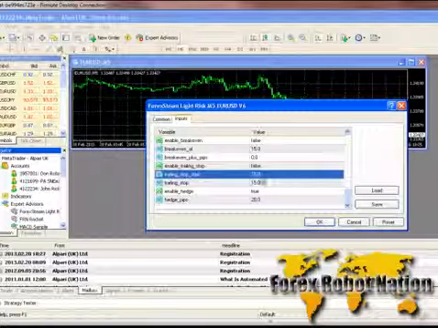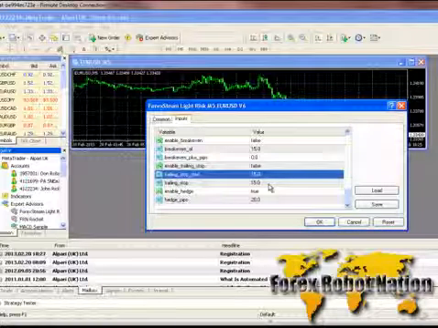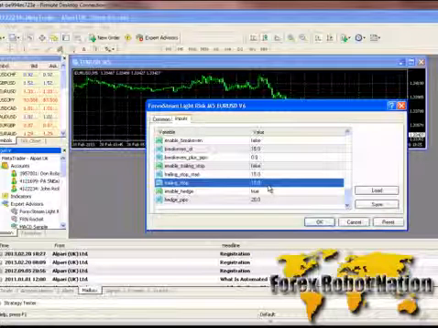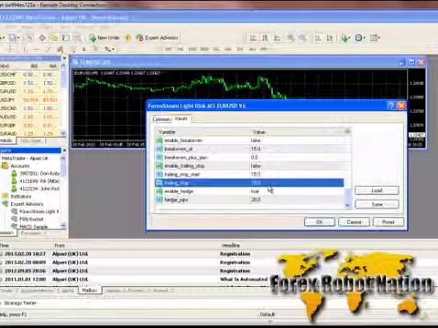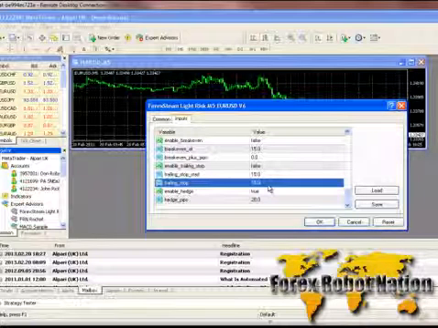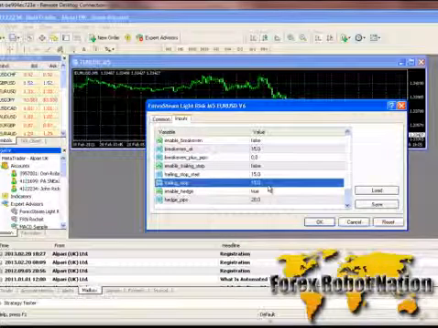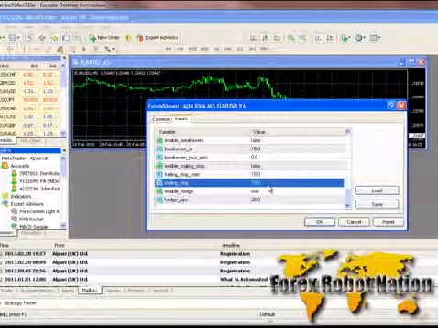So this will start at 15 pips and it will create a trailing stop at 15 pips below it. So what that means is when it hits 15 pips, it will create almost a break even or a stop loss 15 pips below that. But if the take profit increases, the stop loss will also increase.